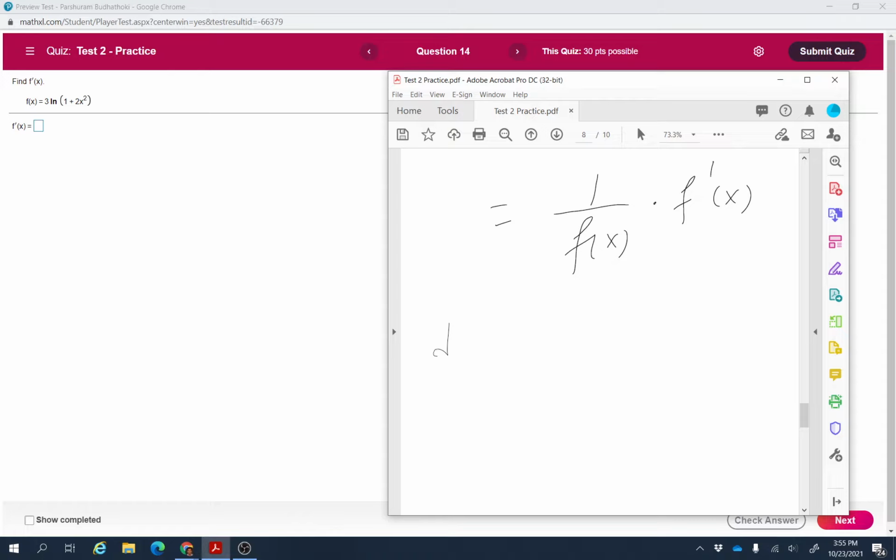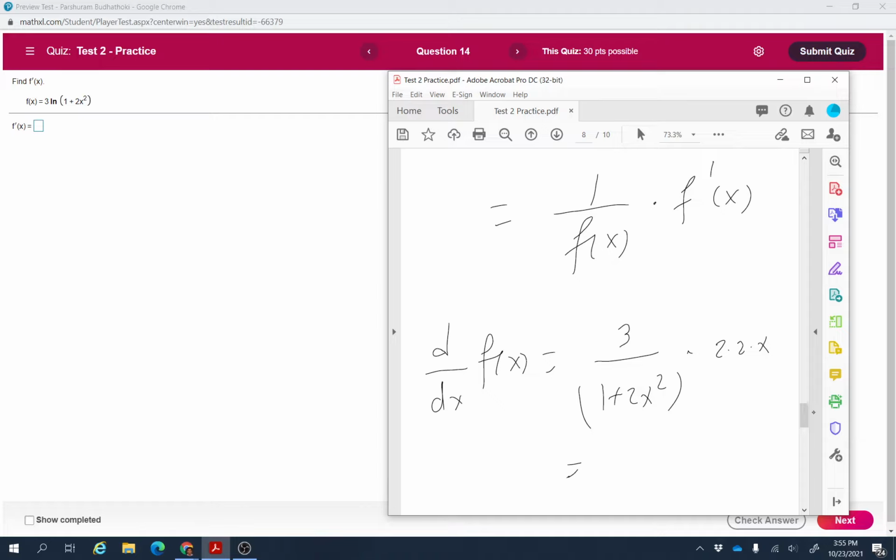So the derivative is 3 over 1 plus 2x squared, which is f of x. Don't be confused between this f of x and this f of x. In our problem, f of x is everything, but here this f of x means whatever comes inside the parentheses, times the derivative of the function inside the parentheses, which is 2 times 2 times x.